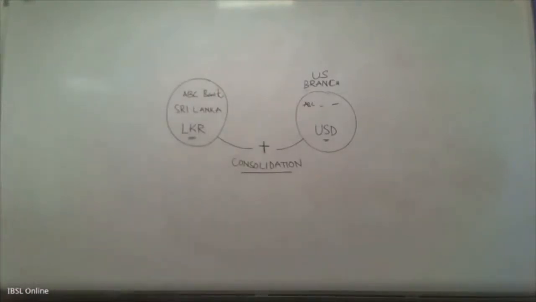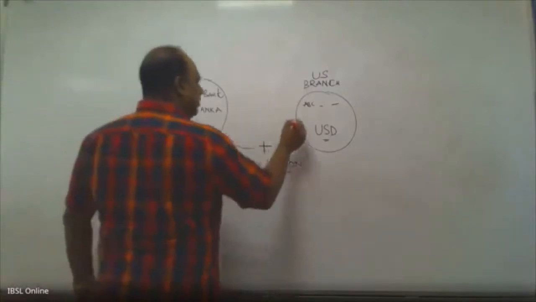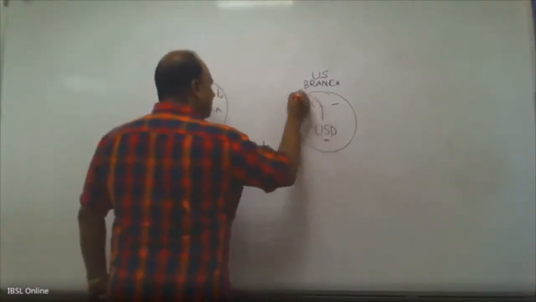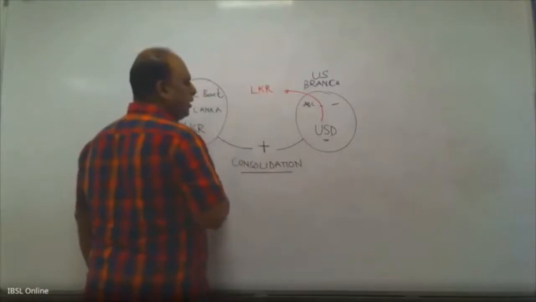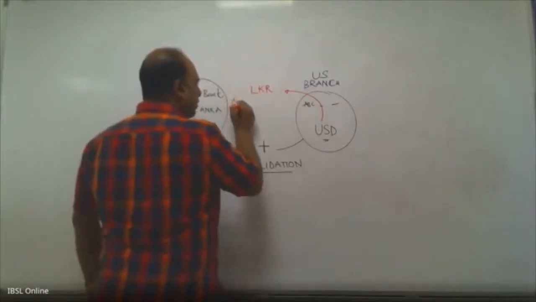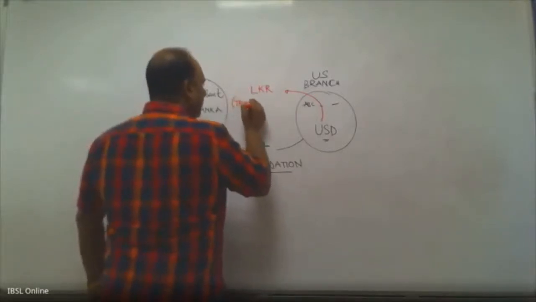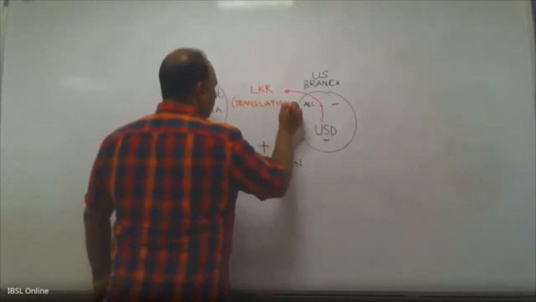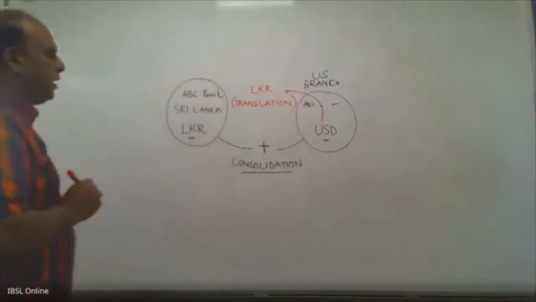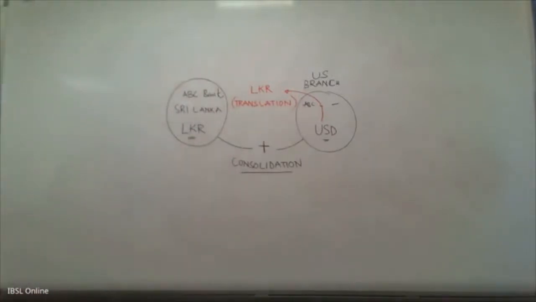You can't do that. So first what you have to do is convert these dollars into rupees. Convert these dollars into rupees. And that is what is known as translation. Please remember these names: consolidation, translation.